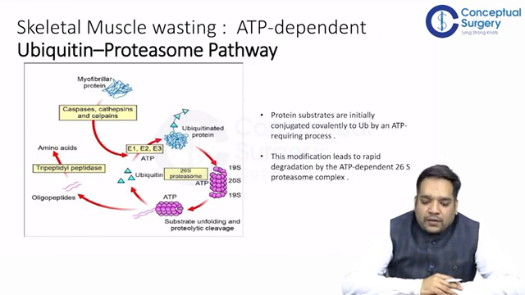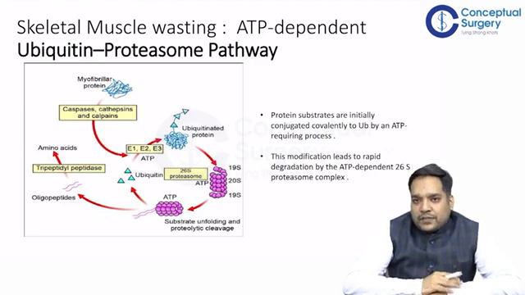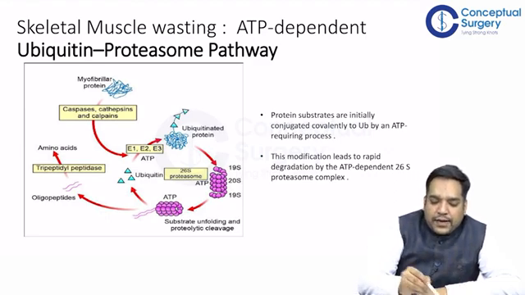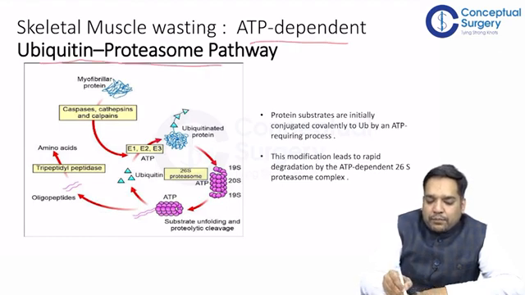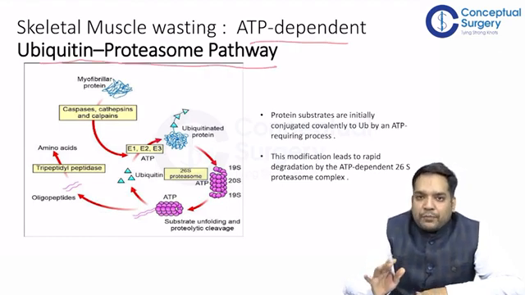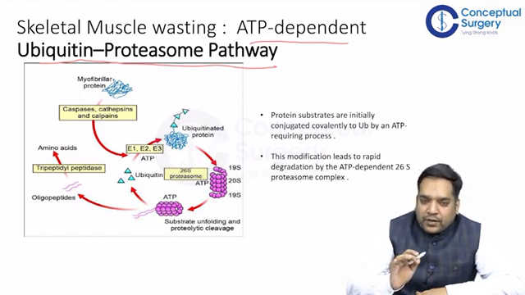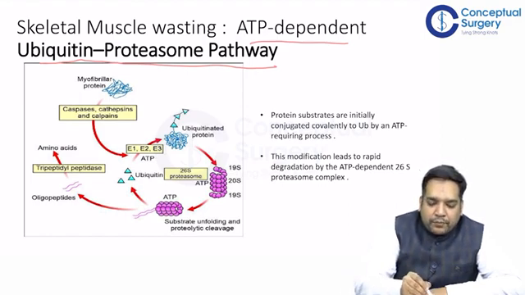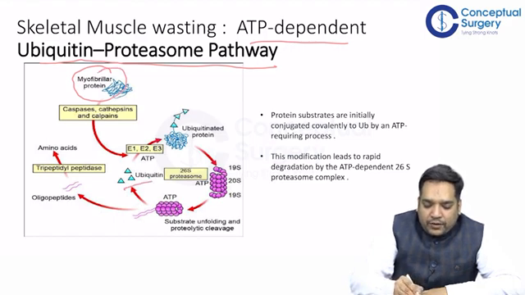So this is a figure which is taken from Love and Bailey, and it shows the mechanism of skeletal muscle breakdown or skeletal muscle wasting. It happens by the ATP dependent ubiquitin proteasome pathway. Please remember the name of this pathway, it is very important. So what is happening in this pathway? The myofibrillar protein is getting combined with ubiquitin, right?